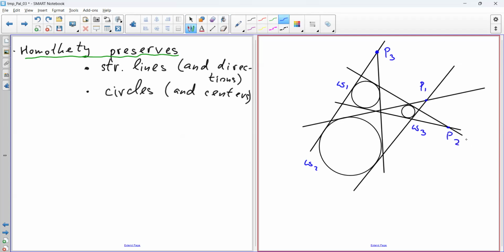So the problem is showing that these three points are collinear, right? That means that these three points belong to the same straight line. P1, P2, P3 are collinear.